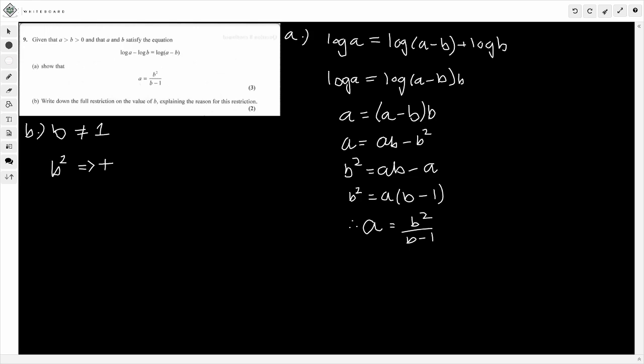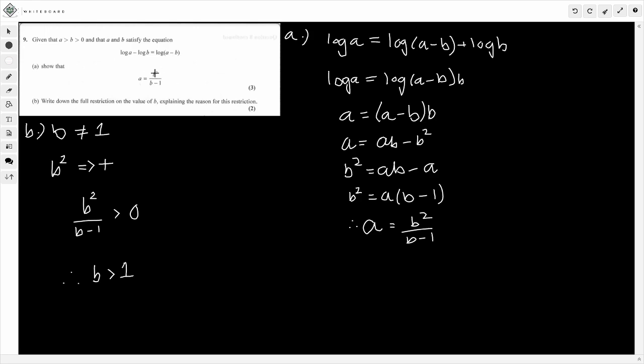So b squared divided by b minus 1 must be bigger than 0. So the last thing to know is that if b can't be equal to 1 and both a and b are bigger than 0, then b must be greater than 1. So therefore, what this implies is that b must be greater than 1.